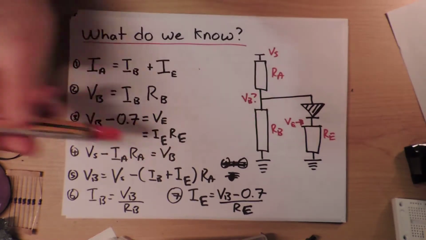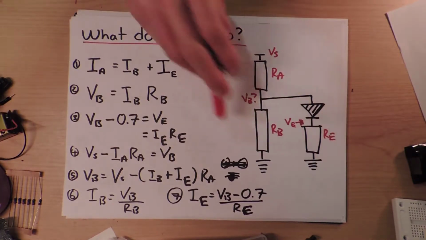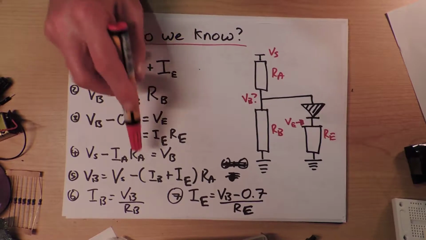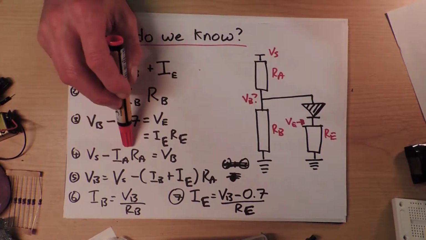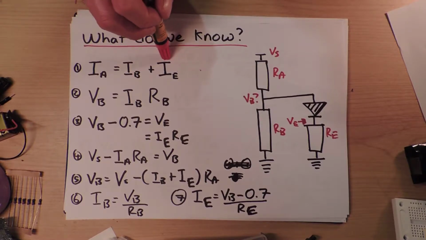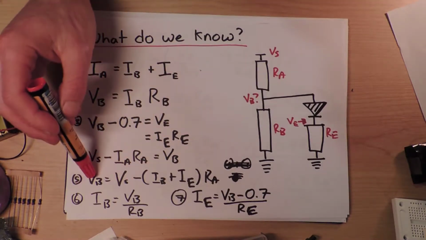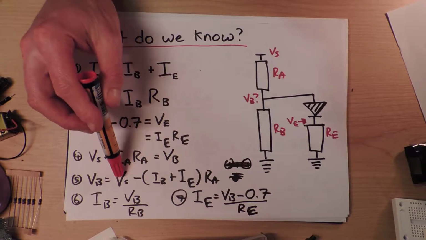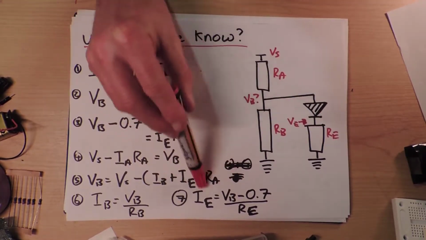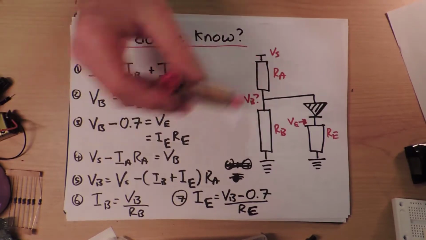This is just me putting these things together. I didn't actually write that down, but if you take equation 1 and equation 4, I know what IA is. IA is IB plus IE. So VB equals the supply voltage minus the two currents going through here added together times RA. So that's just putting those two things together.